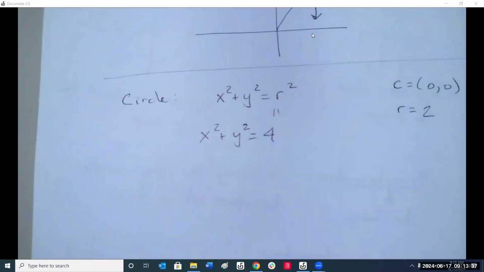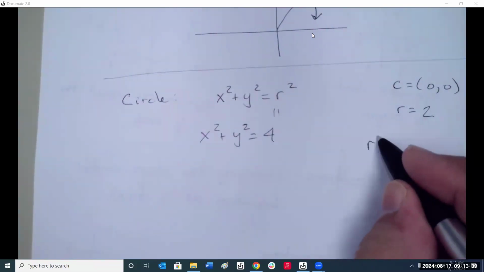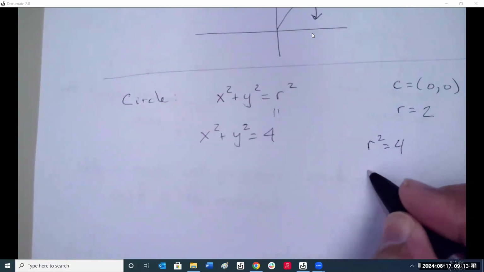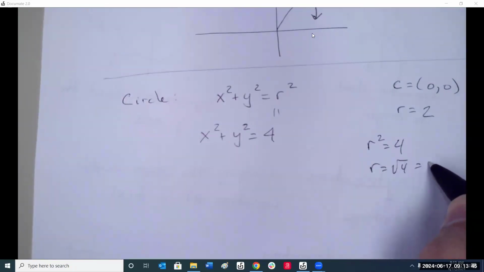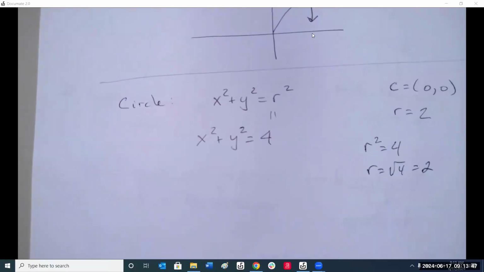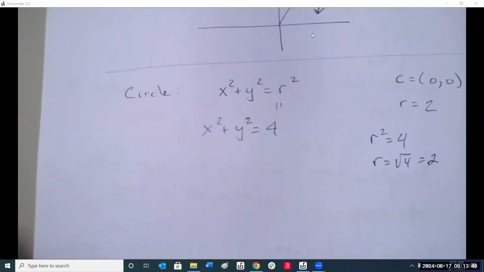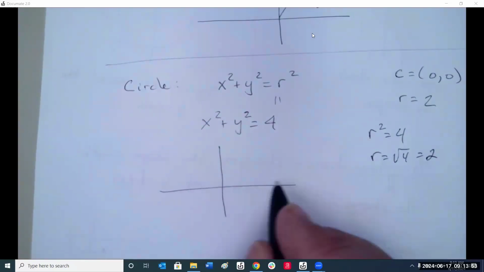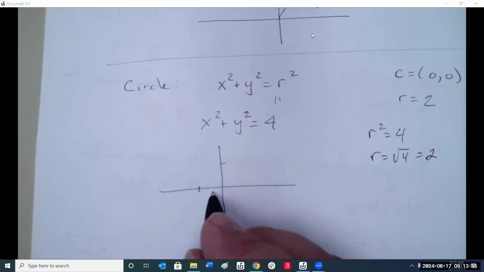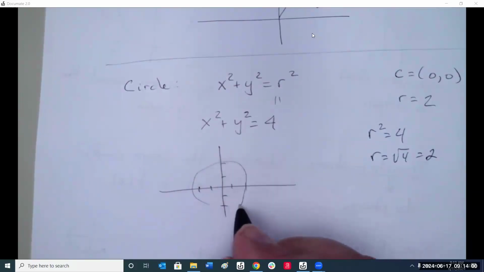Because if it equals r squared, if r squared equals 4, then you have to square root both sides to get the radius. Very good. So the graph would look something like this.